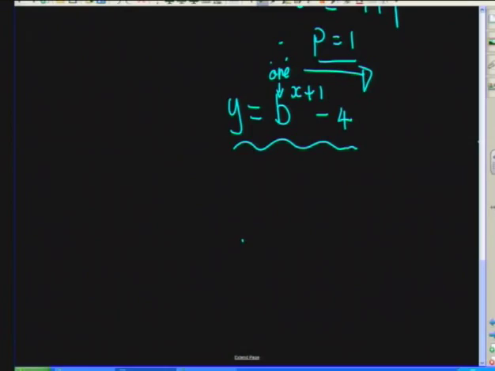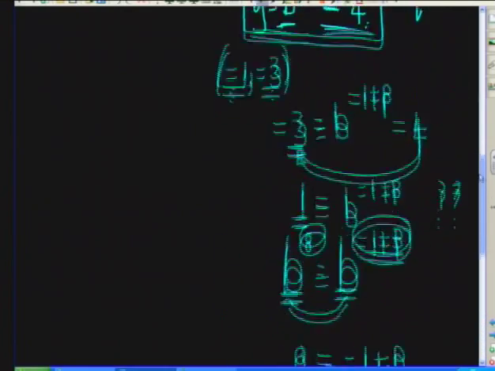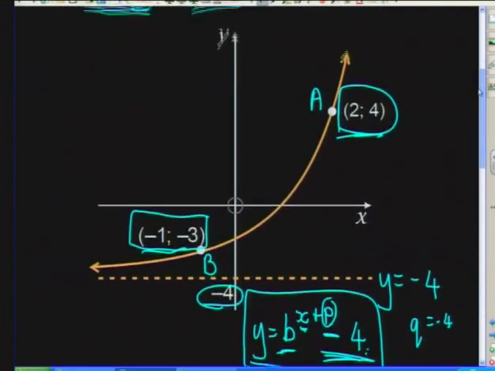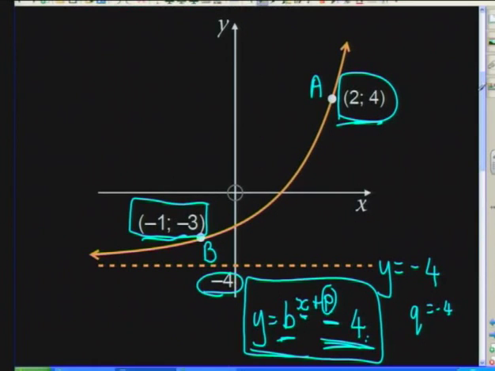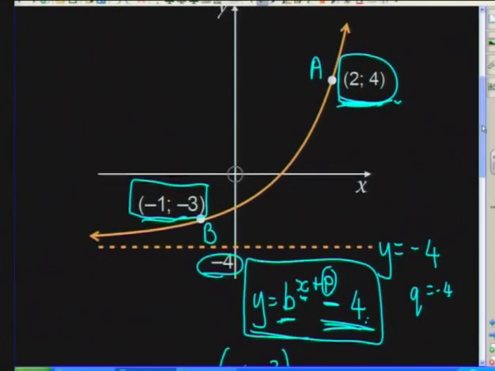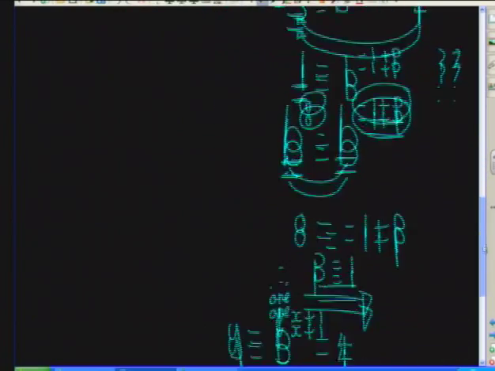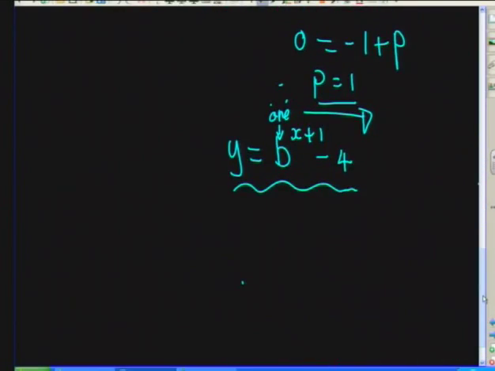How do we find the value of b? You go back to your graph, and you see that they've given you the coordinates of another point on the graph. They've given you the coordinates (2, 4). So you can substitute the value for x as 2 and the value of y as 4, and then solve for b. This is what it's going to look like.